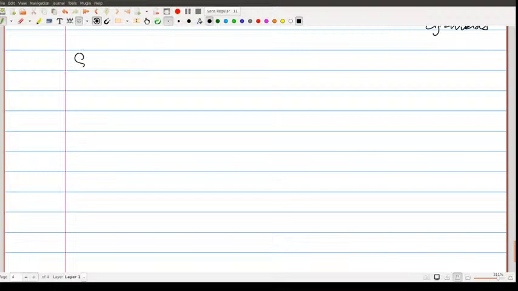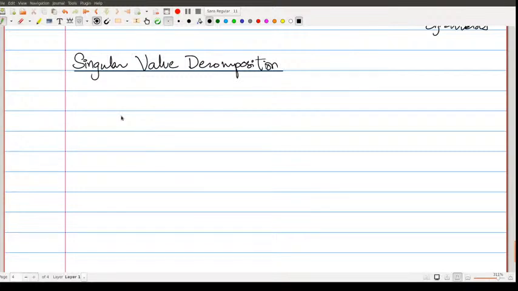And now we can talk about our main topic for today's class, which is singular value decomposition. This is the culmination of each and everything that we've done so far, all the ideas we've discussed.